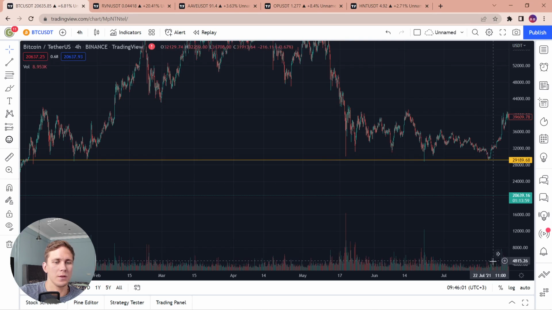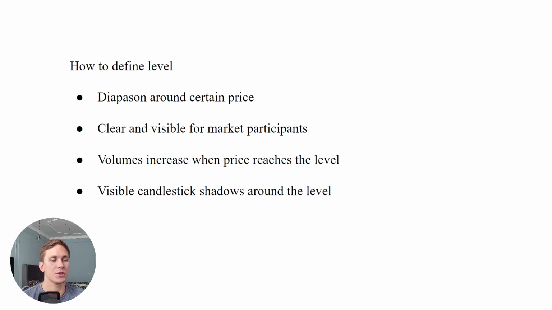It means that we correctly identified the level. Finally, we see candlestick shadows around the levels, so-called breaking shadows. They are formed when the price reaches the level and is pushed back by limit orders placed around the level.